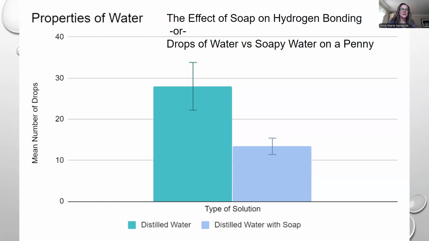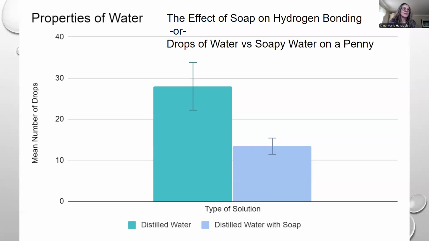So we can make a claim saying that distilled water can hold more drops of water on a penny than the distilled water with soap. But if our error bars had been overlapping, then we could not make that statement. But we can because the error bars do not overlap.